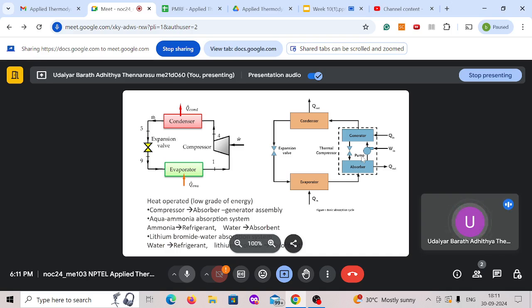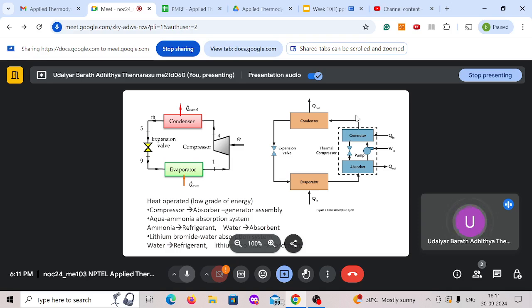In that case you can use that heat to run a vapor absorption refrigeration system where you have a cooling requirement, so you can use the waste heat, and that heat is given in a generator.